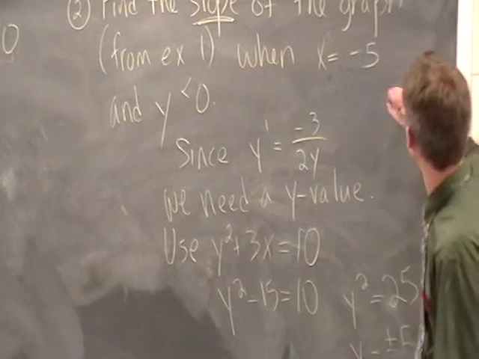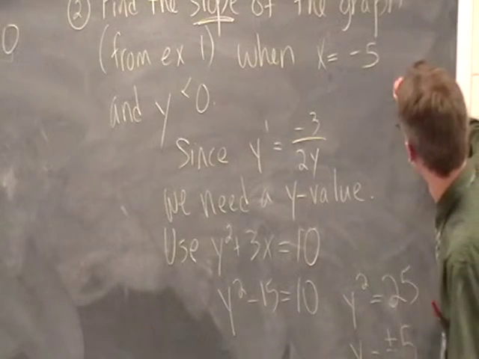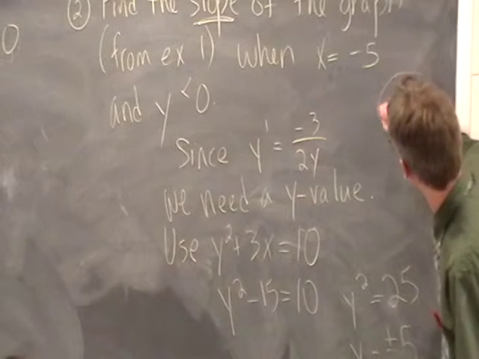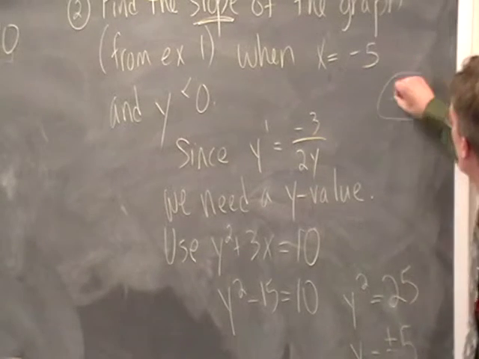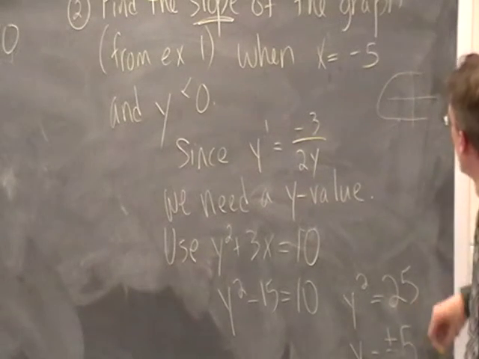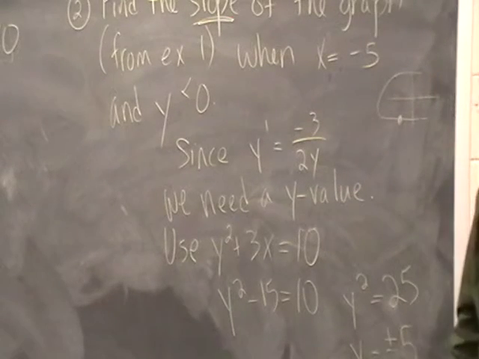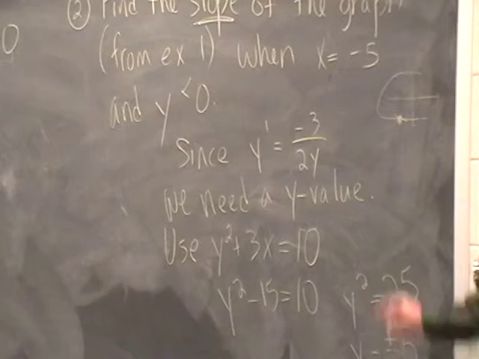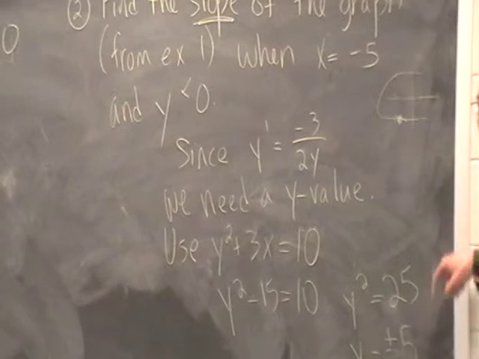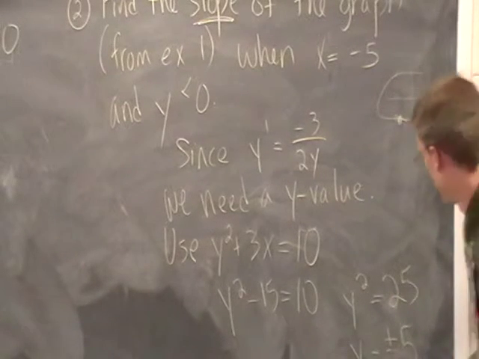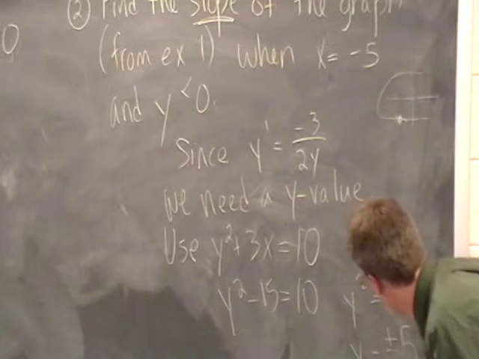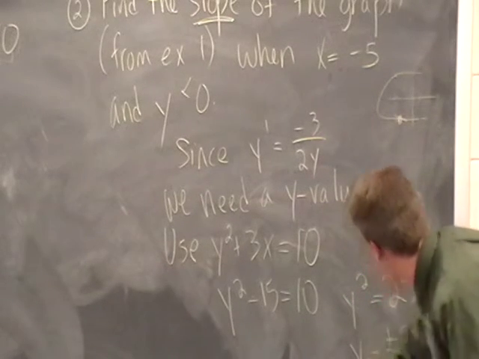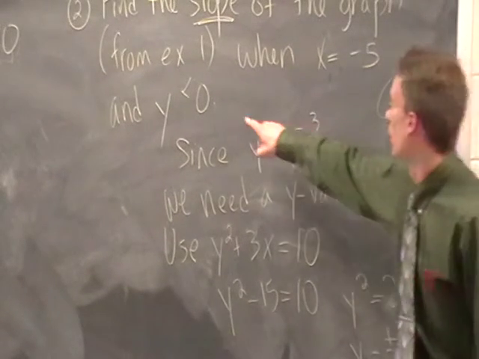So since this is a sideways parabola, it must look something like that. So it goes through -5, 5, and -5, -5. So they're focused on this point. So we'd expect our slope to be maybe a little bit negative. I drew that awfully, but you can still tell it's downward sloping, I think. Downwards. We're going to use y equals -5 because we're supposed to.